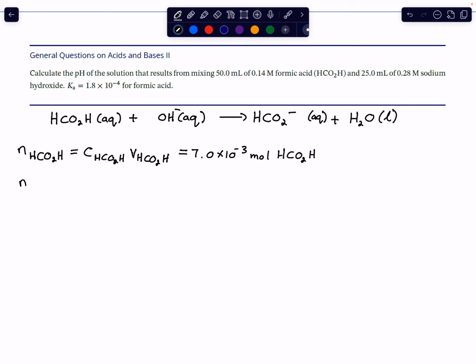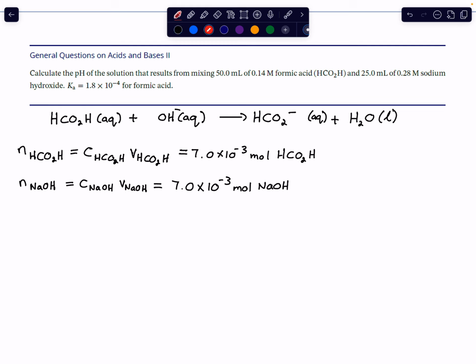And we're going to do the same for sodium hydroxide. It's going to be equal to the concentration of sodium hydroxide multiplied by the volume of sodium hydroxide. And you should also get a value of 7.0 times 10 to the negative 3 mole sodium hydroxide.